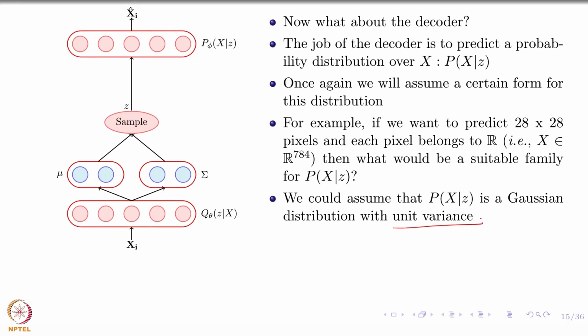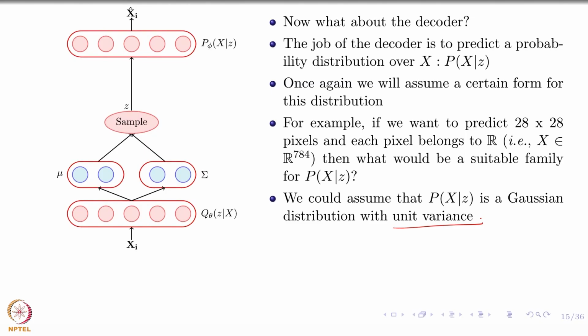What does that mean? Can you relate it to the assumption that we had made for RBMs? How many of you get that? Please raise your hands if you get that. What does it mean that the covariance matrix is identity or unit variance? All the off-diagonal elements are 0. That means all the random variables i, j, where i is not equal to j, are independent of each other.